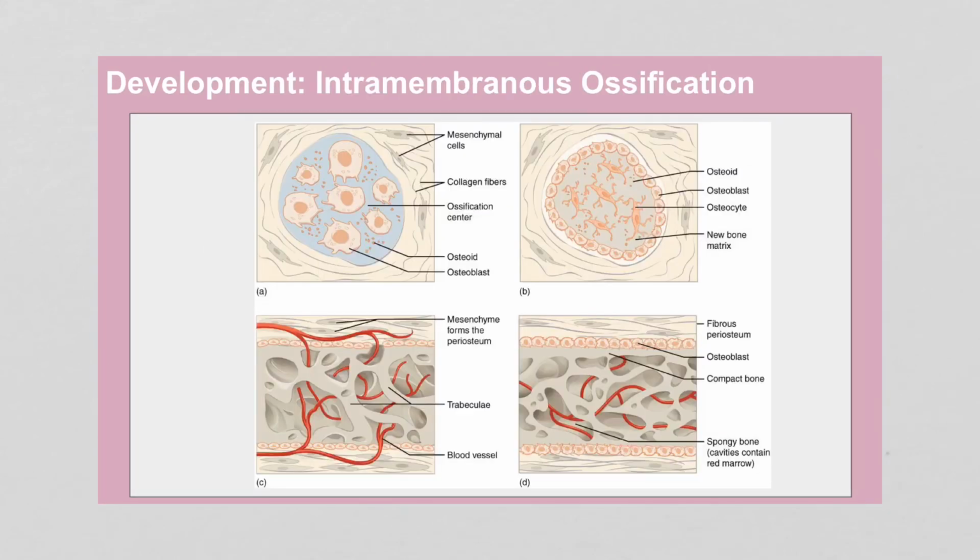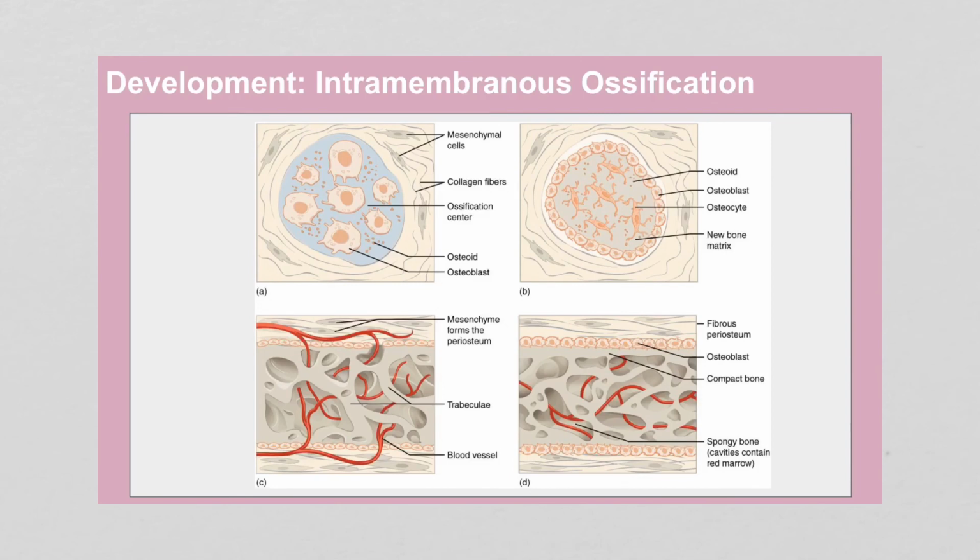The second type of bone development is called intramembranous ossification. Intra means within, membranous means membrane, ossification means to harden into bone. And so with intramembranous ossification, the bone is going to form within fibrous connective tissue. Within that fibrous connective tissue, mesenchymal cells, those special stem cells, are going to differentiate into osteoblasts.